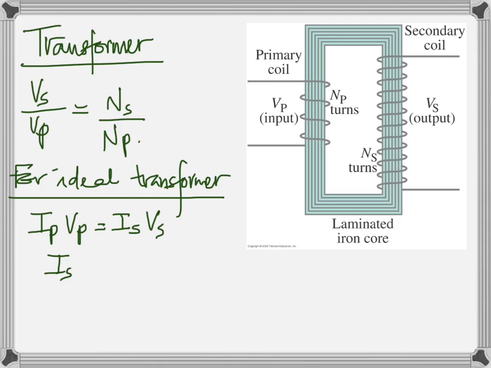The core of a transformer is made of soft iron. Why? It's a ferromagnetic material. What's a ferromagnetic material? That absorbs the magnetic field and transfers it to the secondary. So we've got a ferromagnetic material, but that's fine. But you're not going to get 100% transfer of the magnetic field of the primary to the secondary. That makes sense?